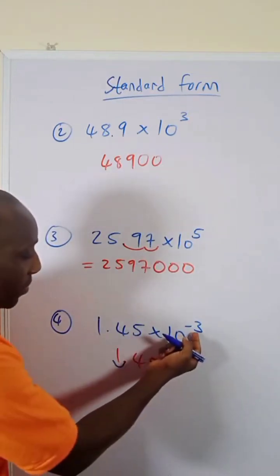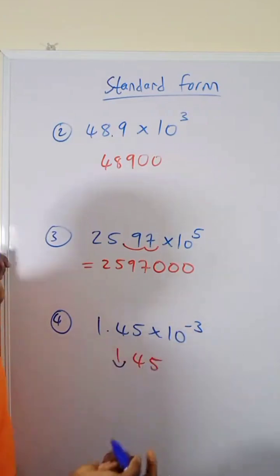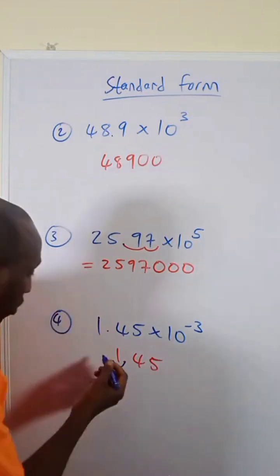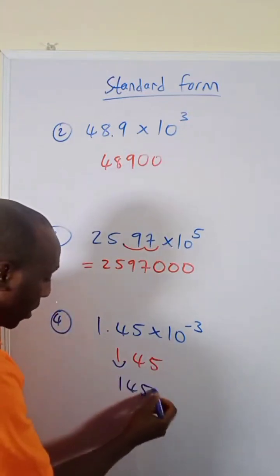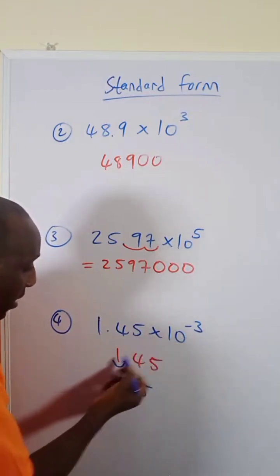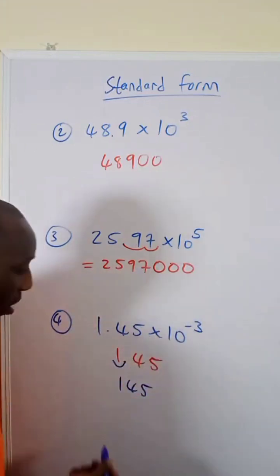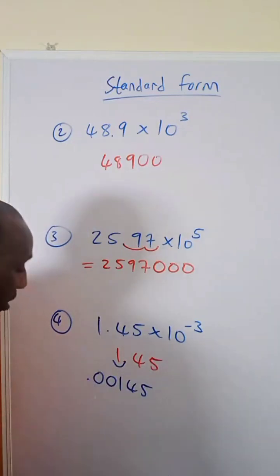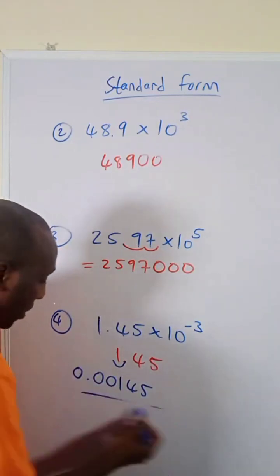So you have 2 left now. 2 more movements to the left. So you have 145. Just put 2 zeros, because you have taken 1 from here. So you have 2 more movements. 0, 0. And you put your point here, and then 0. This is it, guys.